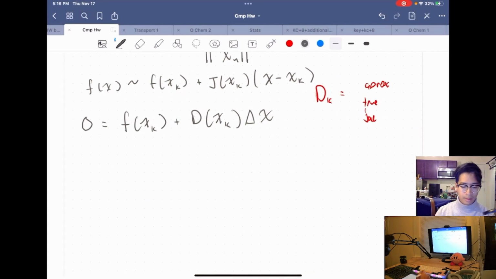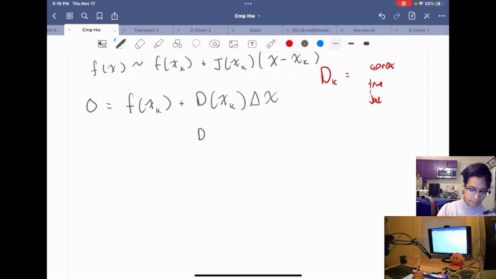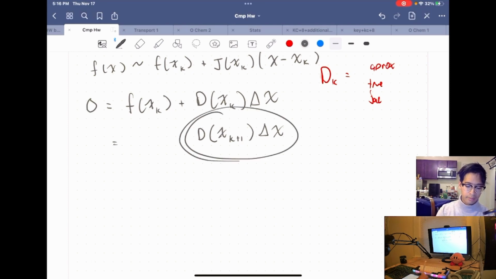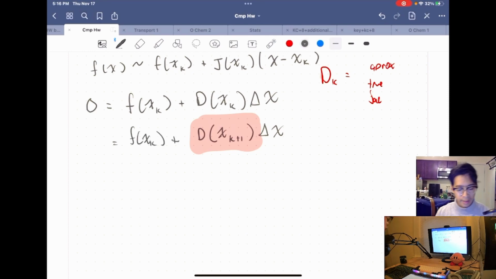Okay, so let's say rather we have a delta x k plus 1. So we've moved a step and explored in a particular direction. The linearization would say that this new Jacobian is our unknown, and we still have f of x evaluated at k.